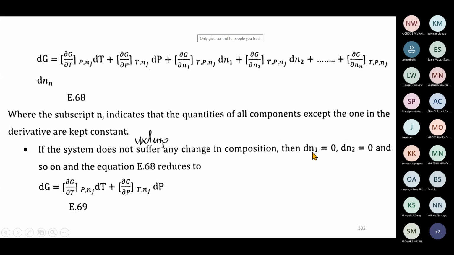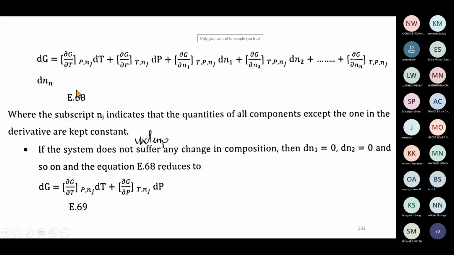Okay. So if you do that, then equation E68 is simplified, in that dn1 equals 0, dn2 equals 0, all the way to dnn, all these terms are equal to 0. Therefore, they are eliminated from this expression.